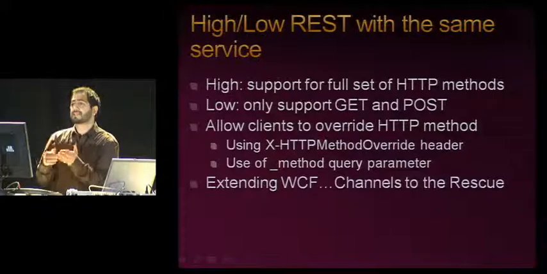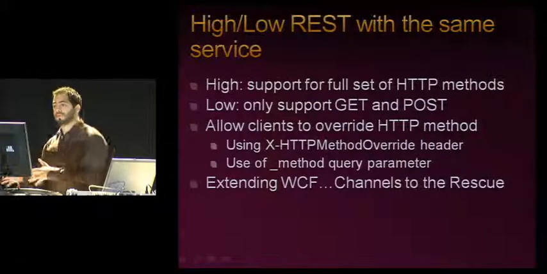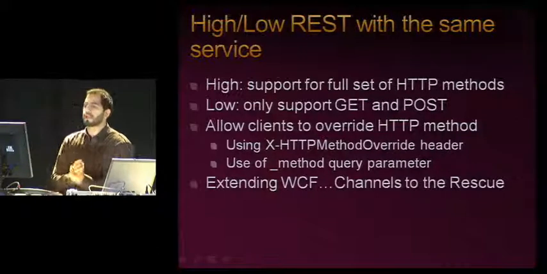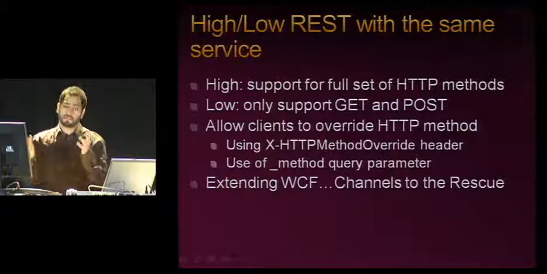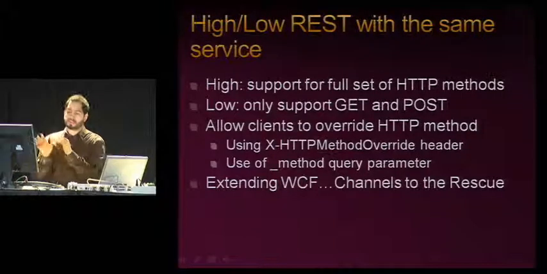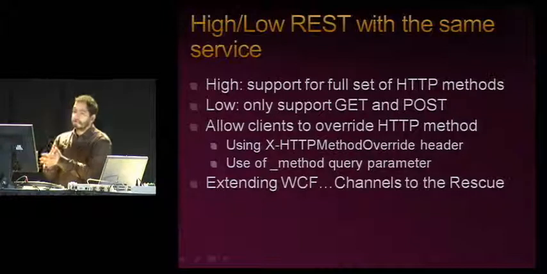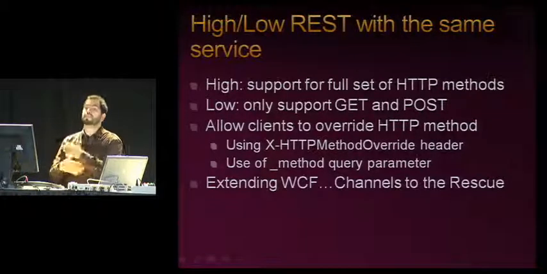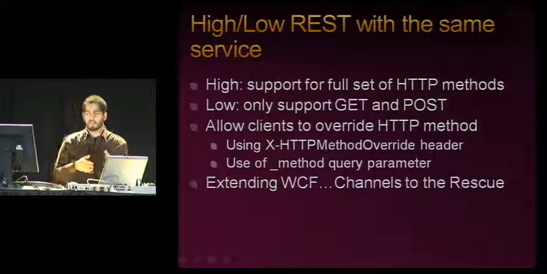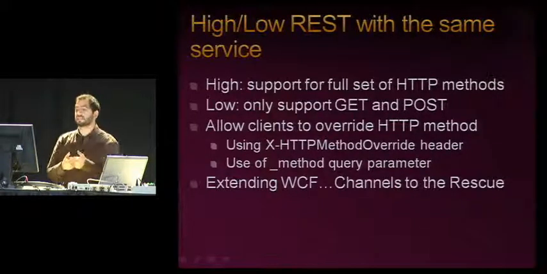So in this case, I want to do a PUT, but I would actually do a POST, and then the query string parameter would say _method=PUT. In that case, our service, being a high-low REST bridged service, should be able to interpret that method query parameter and convert that request from a POST to a PUT. So it flows freely into our service.